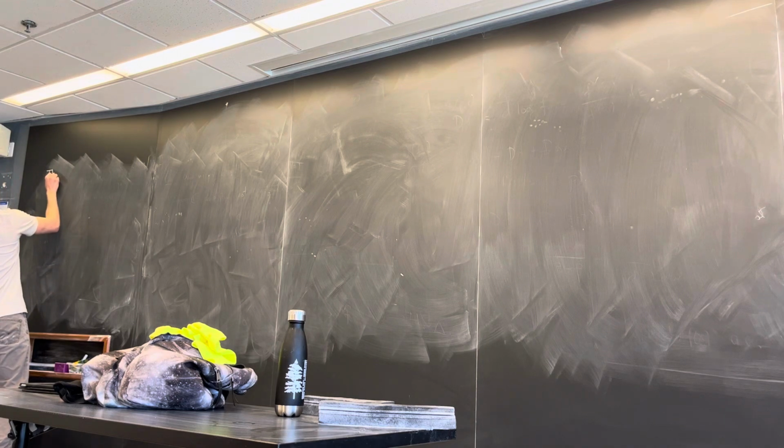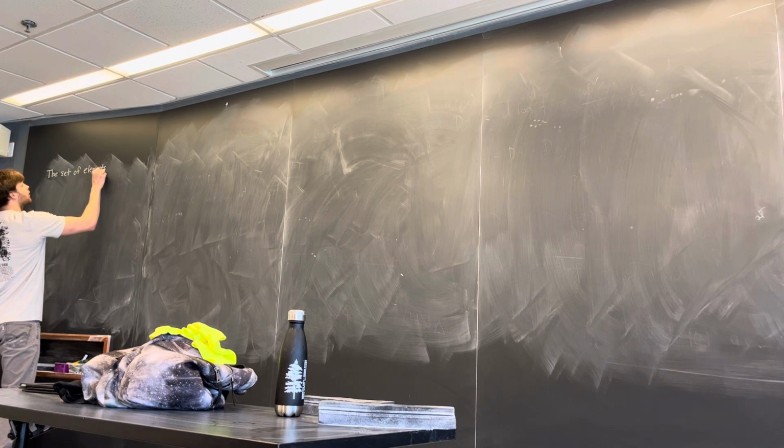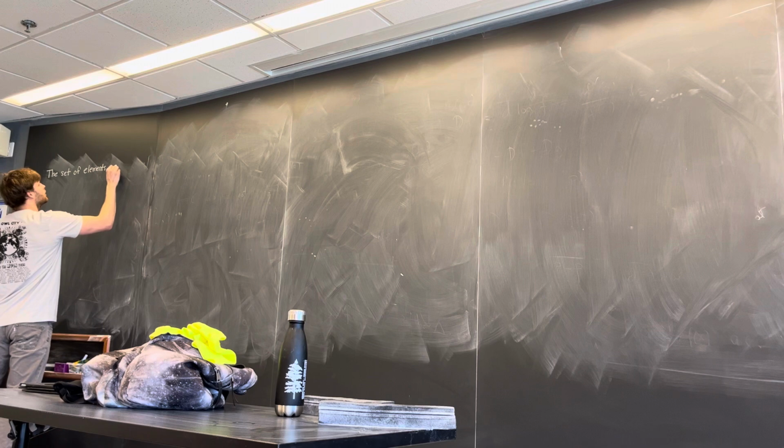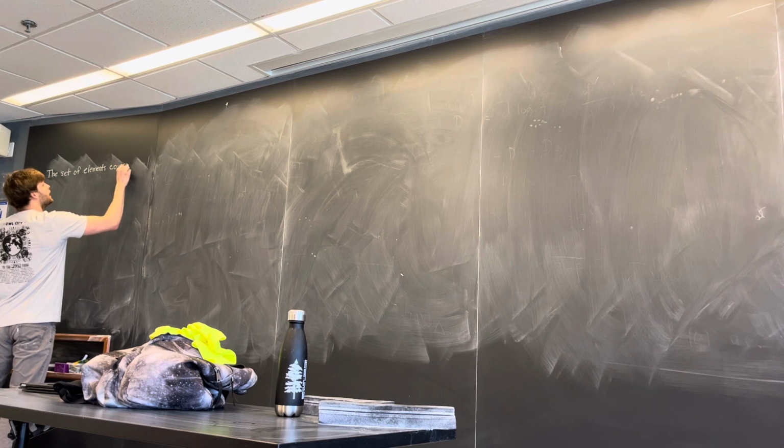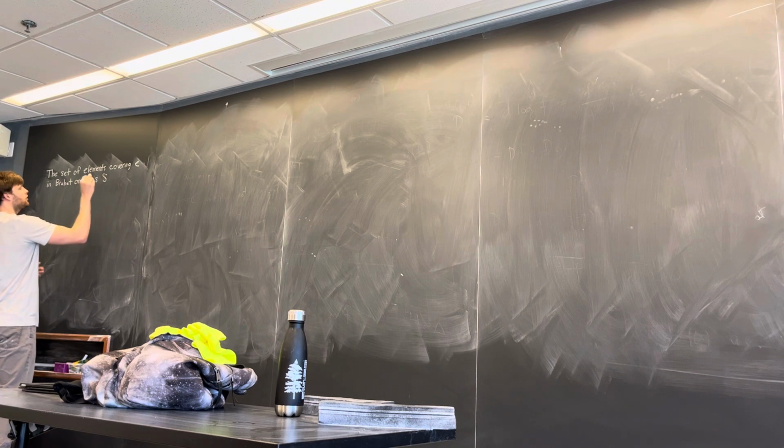And so one thing I was saying at the end was the set of elements covering the identity element in the Bruhat order is just the set of simple reflections.